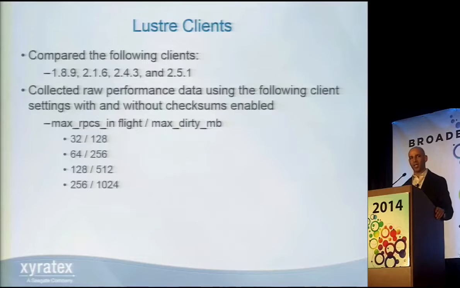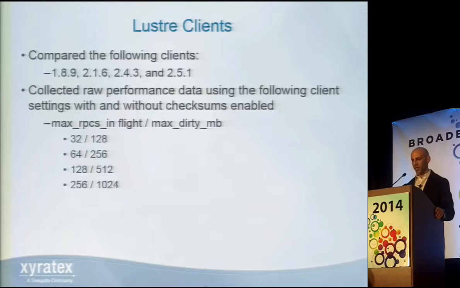You can see that I kept the 1:4 ratio of max RPCs in flight to max dirty MBs, so we started with 32 max RPCs in flight and 128, and so on and so forth. In each of these iterations, we had checksums disabled and checksums enabled. As I go through the presentation, you're going to see graphs of all data results with checksums disabled, and tabular results of the impact when checksums were enabled.